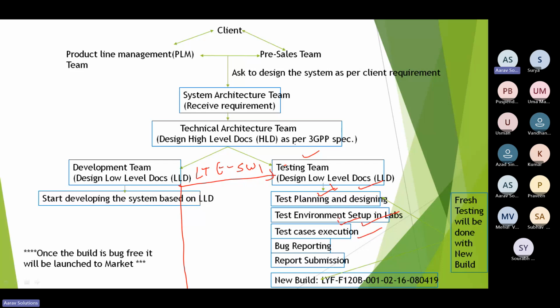For an example, in LTE we will check whether my UE is attaching with that LTE or not. For that we will create our setup, create the test plan, execute the test case, and do the log analysis. If we find an issue, a bug, then we will raise that bug to the development team with our analysis, like here in these messages I am observing some issue.